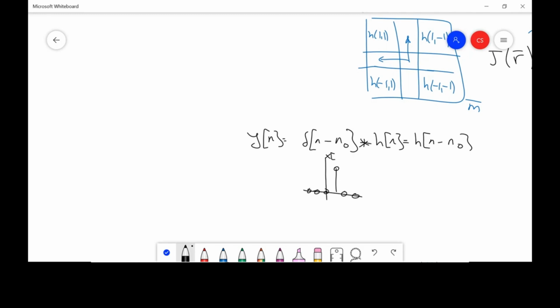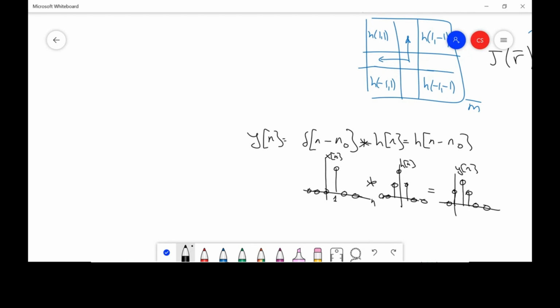This is your x of n, with this expression with n0 equal to 1. And now you have your kernel that is like this. This is h of n. The convolution of these two should be the kernel shifted to the location of the delta. It has to shift by 1, and this should be y.